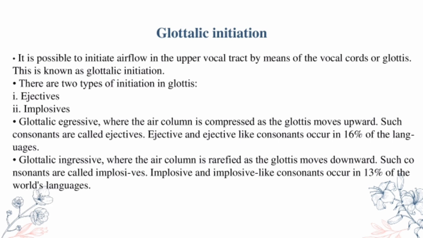Glottalic initiation. It is possible to initiate airflow in the upper vocal tract by means of the vocal cords or glottis. This is known as glottalic initiation. There are two types of initiation in the glottis. The first is ejectives and the second is implosives. Glottalic egressive, where the air column is compressed as the glottis moves upward.